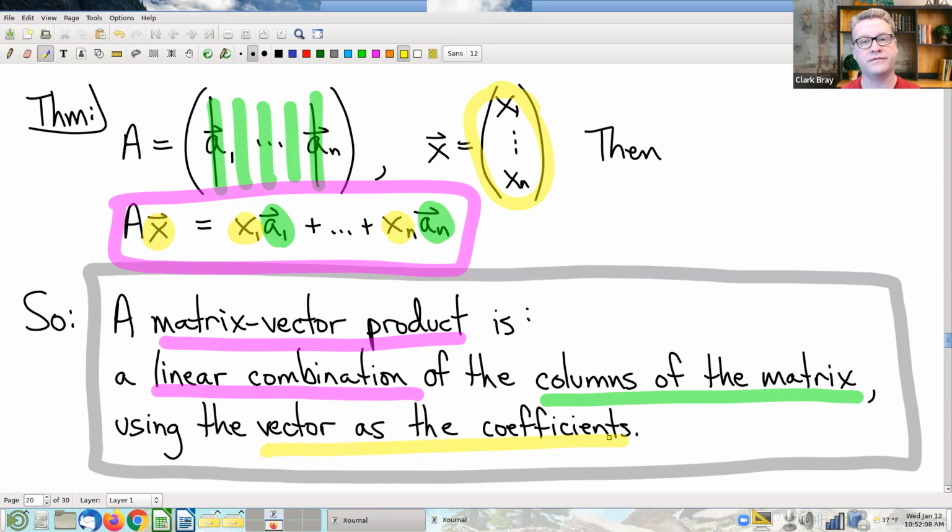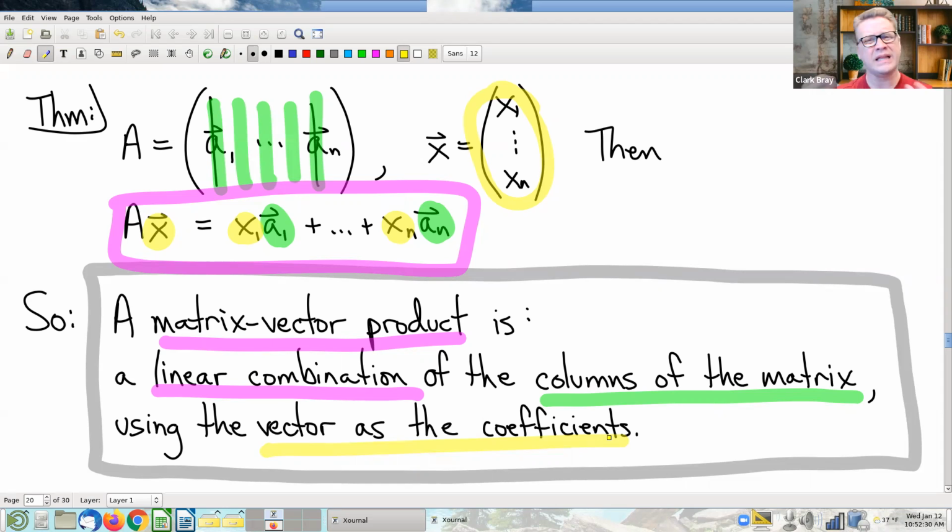So matrix vector product, it's not just dot products, it's also linear combinations. It's not just that the rows of the matrix are interesting. The columns are interesting too. So this is more connections of matrix vector product to other interesting things.